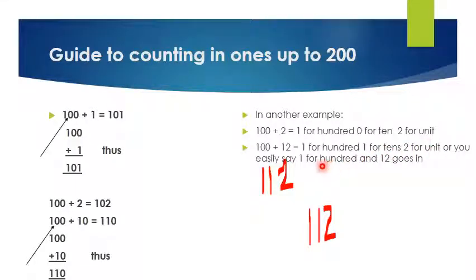Or you easily say 12 goes in for 12, and you get 112. I know you will want me to use my highlighter to write that out for you. Okay, let me see if I can stroke something down for you. 112. 1 for hundreds.